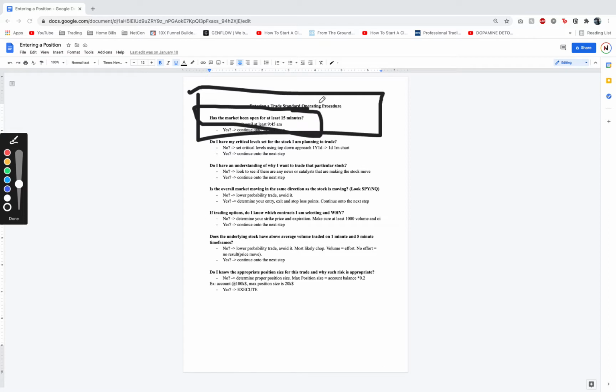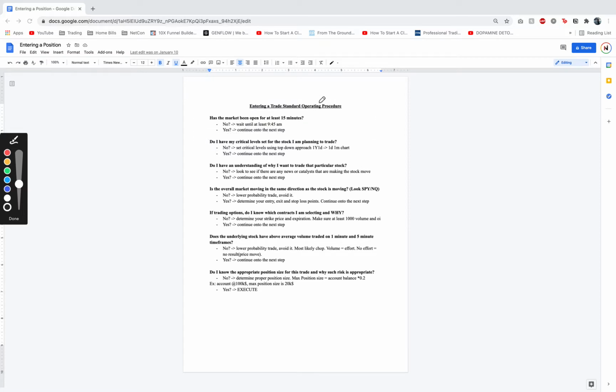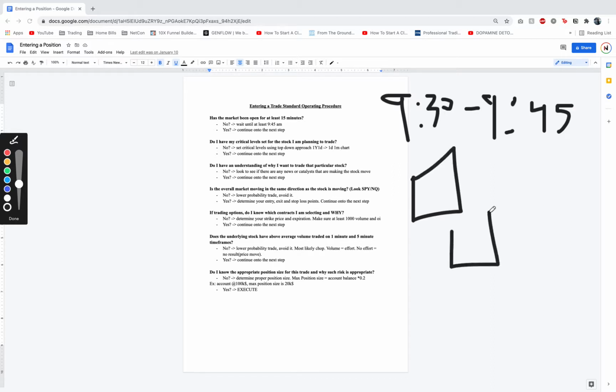Has the market been open for at least 15 minutes? Between 9:30 a.m. and 9:45 a.m., there is a lot of chop in the markets. There's a lot of messy action going on. And I like to have price action established over the first three 5-minute candles.